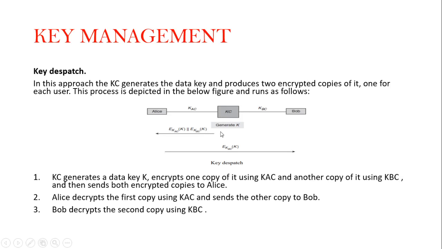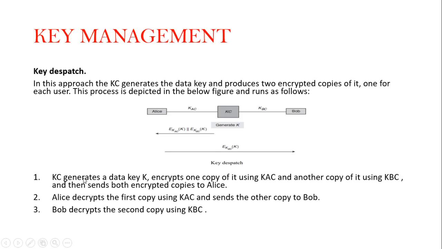Here it generates K. K will be encrypted using KAC, and K will also be encrypted using KBC, that is E of KBC of K. That is how we can dispatch whatever key we want.